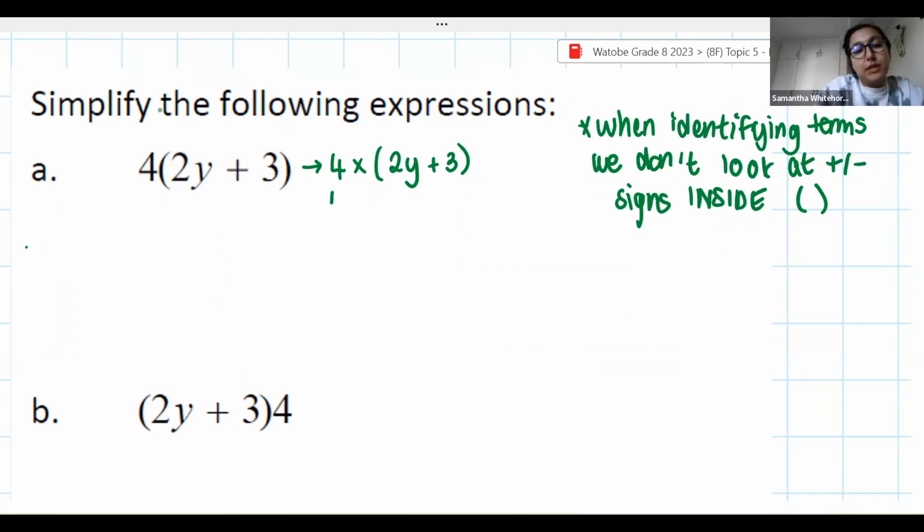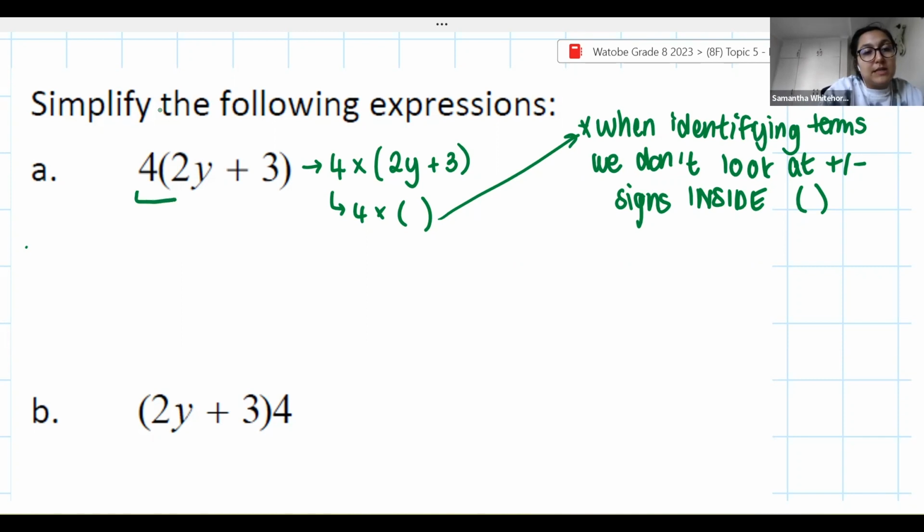So you can almost think of this as 4 times the bracket, and just ignore what's in the bracket for a second. This is because what we're trying to do, remember, is identify our terms. When we just look at 4 times the bracket, I don't have any pluses separating the 4 and the bracket or a minus separating the 4 and the bracket.